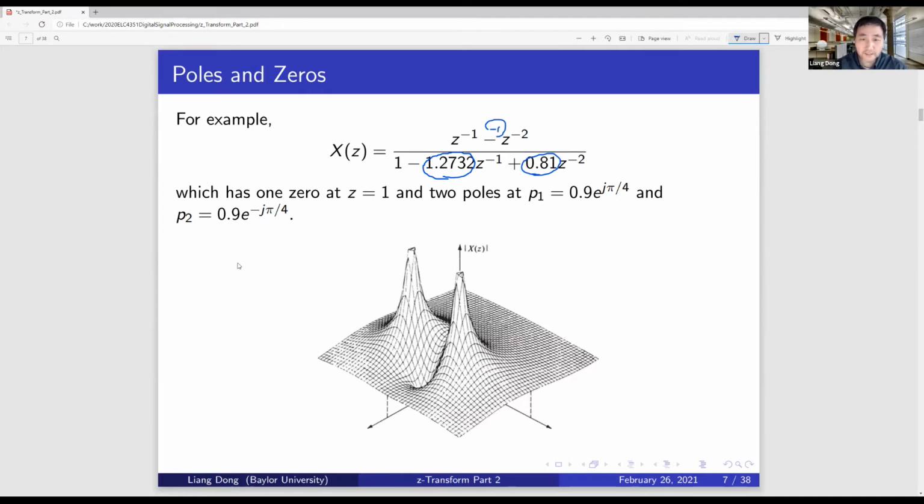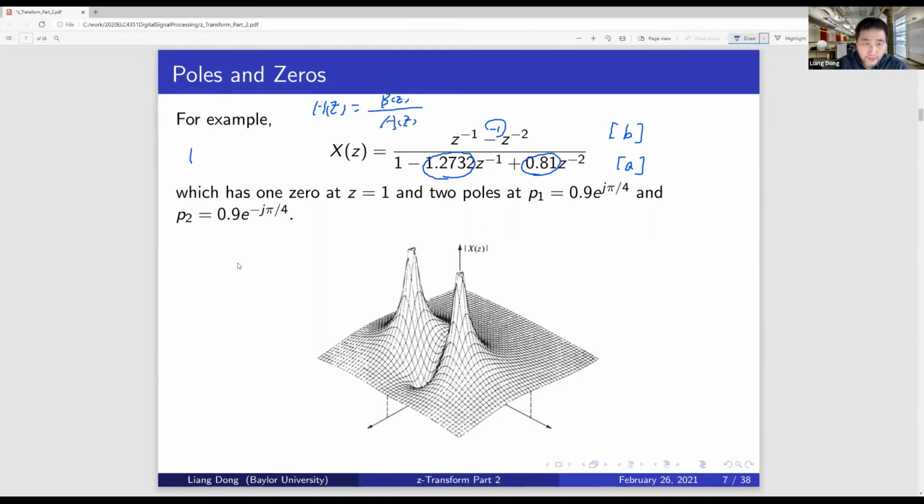Collectively, we call those parameters an array of B, B0, B1, B2, and these parameters an array of A, A0, A1, A2. Now in practice, because you need to build your system, all these parameters are real numbers. How do you build a system? Well, when we have H(z), we will see later on, it's equal to B(z) over A(z).